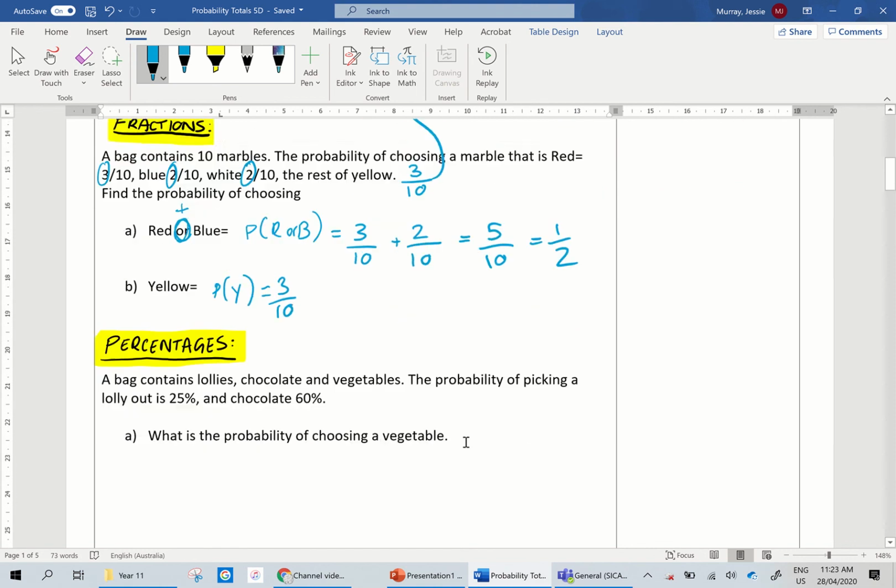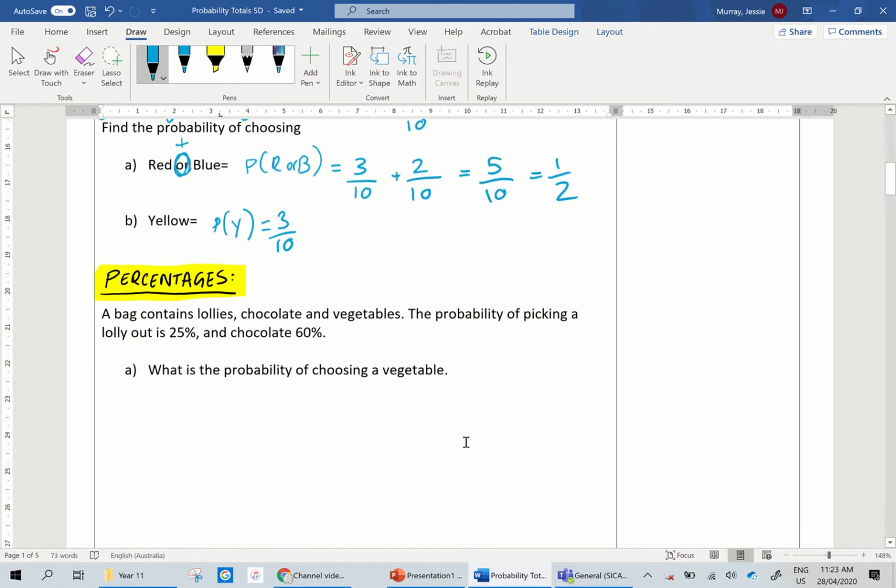Pretty nice and easy. So now, if they ask you the same question but this time using percentages, we have a bag contains lollies, chocolates, and vegetables. The probability of picking a lolly out is 25% and a chocolate is 60%. So what's the probability of getting a vegetable?